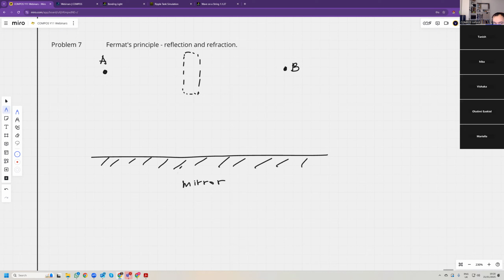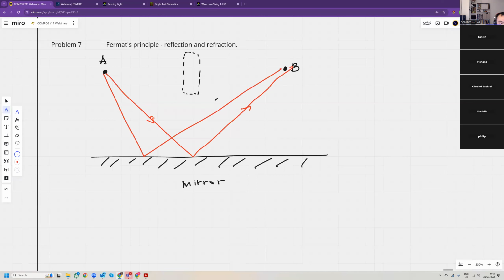So it needs to bounce off the mirror. And there are different possible scenarios. It can go like this, it can go like this, or it can go like this.